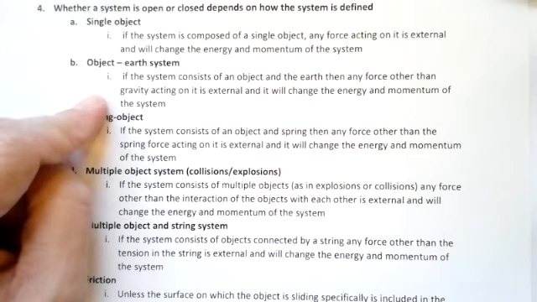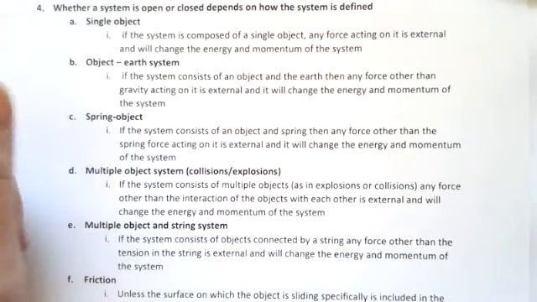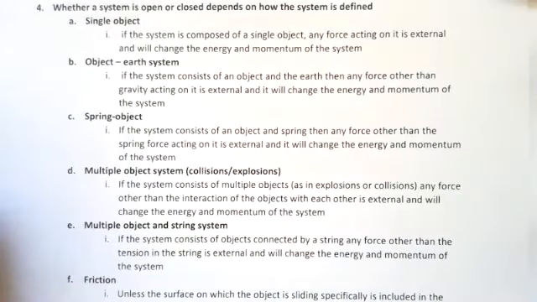In our first example, we used a falling ball in a ground system. Because the ground was part of the system, the force of gravity was internal and didn't change the energy. If I put air resistance into this, and I didn't, that would be an external force, and it would change the momentum of the system.